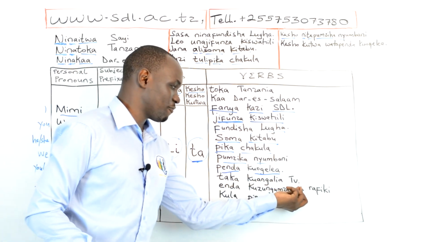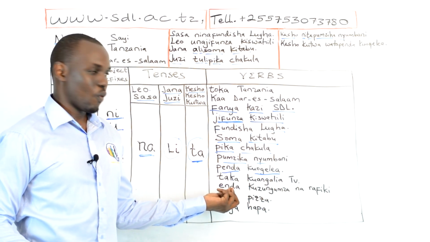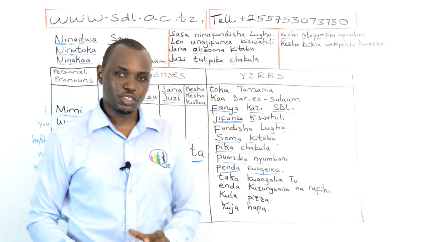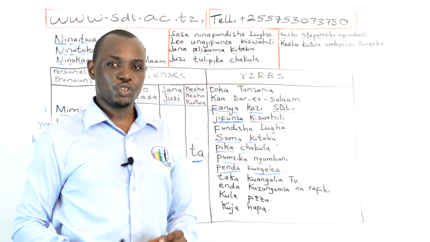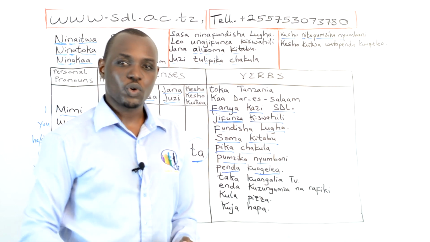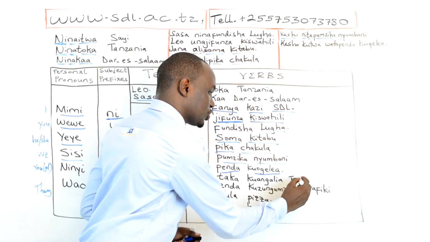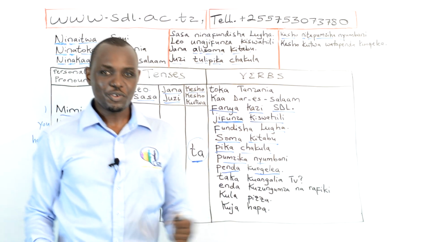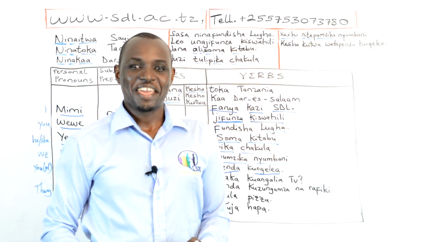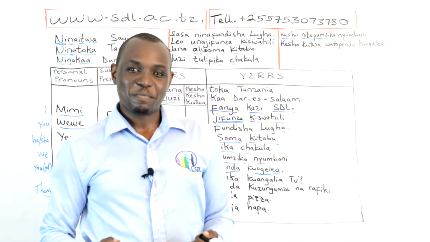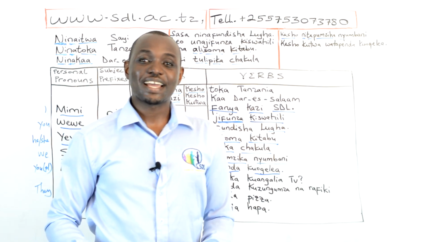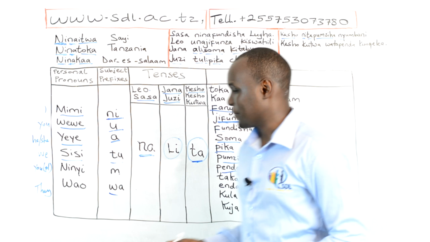You know, kutaka kuangalia TV is to want to watch TV. How do you say in Swahili, do you all want to watch TV? I'll make it a question. Do you all want to watch TV? How do you say that? Mnataka kuangalia TV?